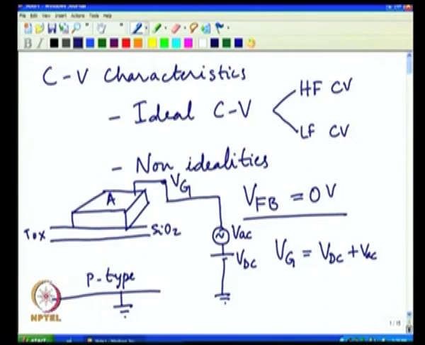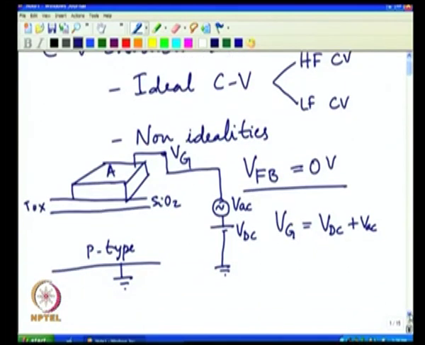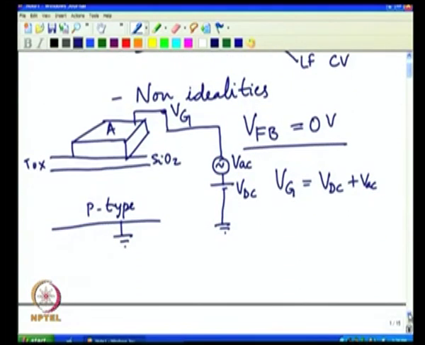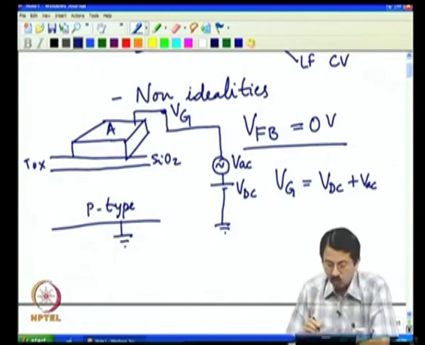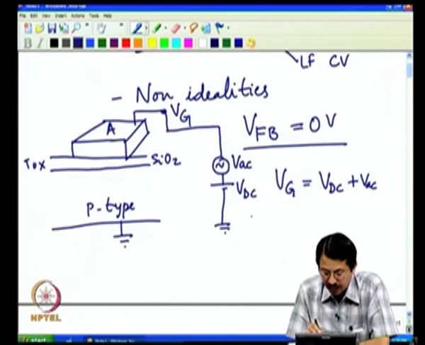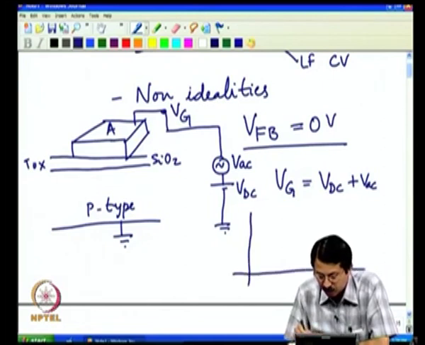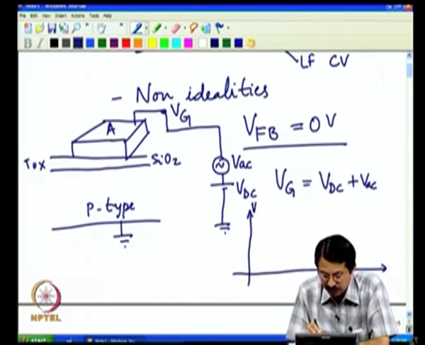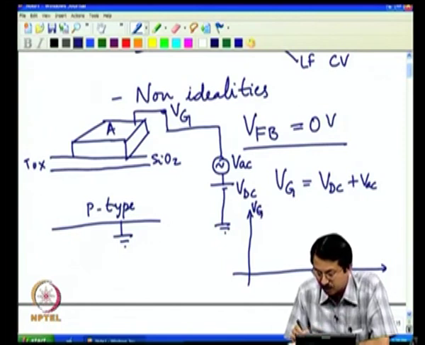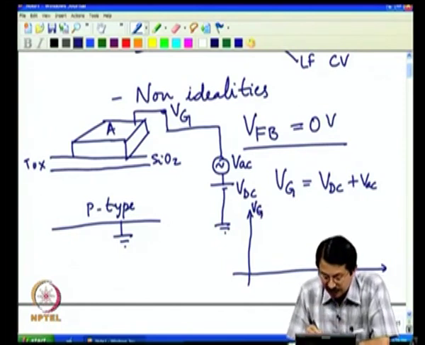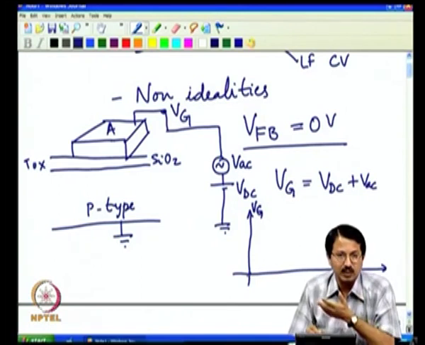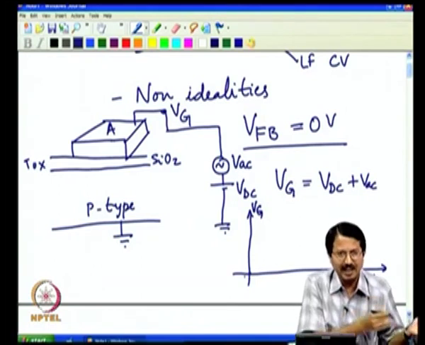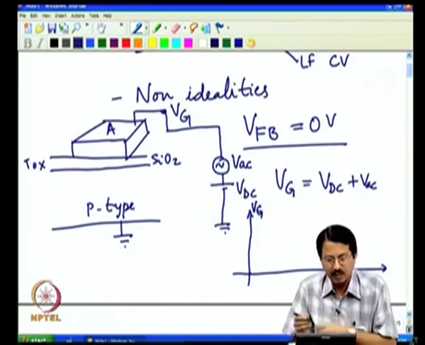So, what we are doing here in order to do this kind of a measurement is that we will apply different DC gate voltages, and at each DC gate voltage we will apply a very small signal AC. In other words, if you were to look at your gate voltage Vg as a function of time, let us say I start from 0 and go towards positive. We will typically start from negative and go towards positive, just for the illustration.